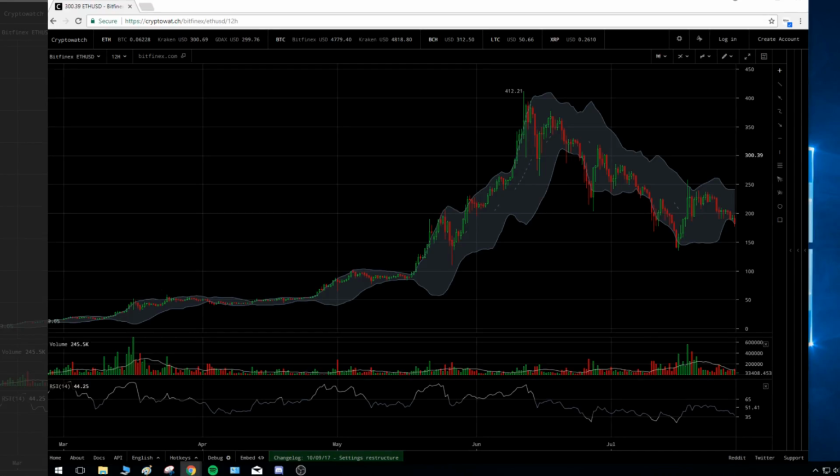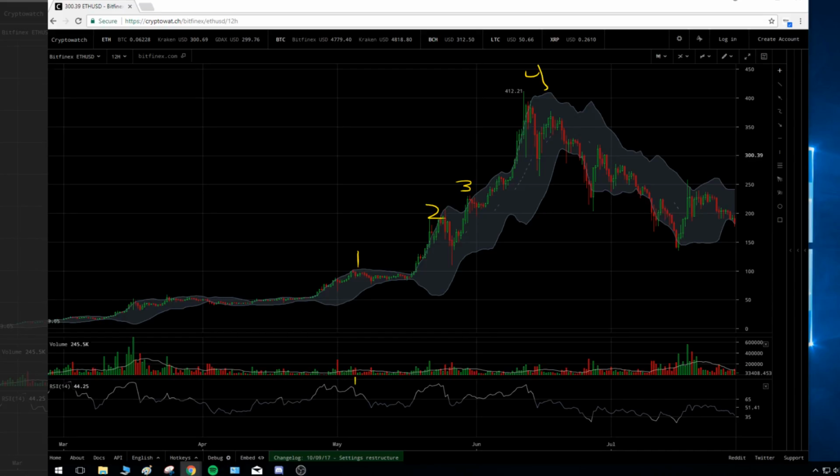So here's another example. So we made 1, 2, 3, 4 new highs on this run from the 50s to the 412, right? So 1, 2, 3, 4. And when we go to our RSI, we want to see 1, 2, 3, 4. So here's a great example of when the market was diverging heavily, yet it made a new high.